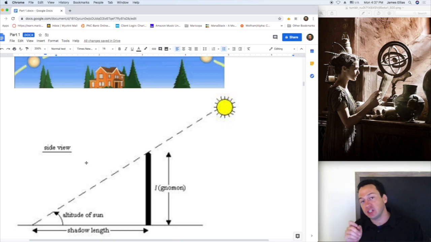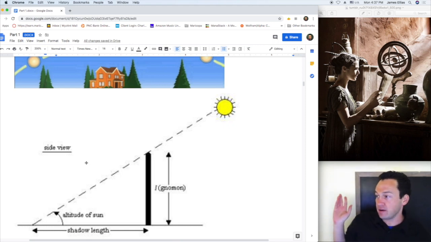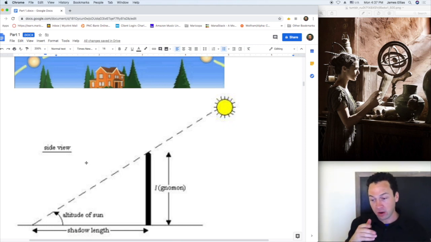Even when the sun reaches its highest point in the sky, it still won't be directly overhead. Nowhere in America does that happen, and nowhere in Greece does that happen either. But nonetheless, when the sun reaches its highest point for the day, that is the shortest shadow length for the day, and Anthropocleitus could record this.